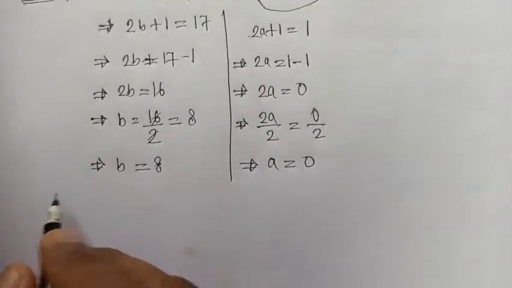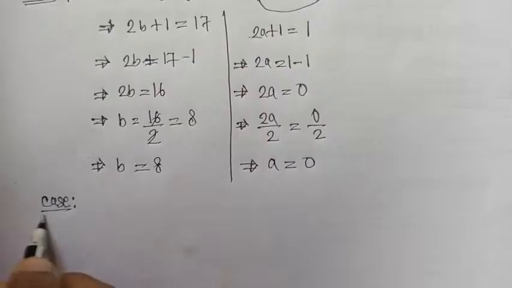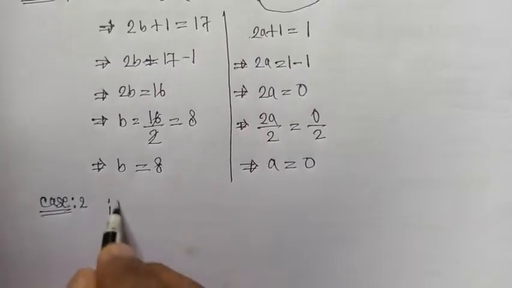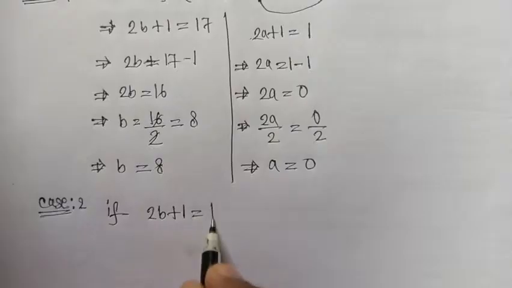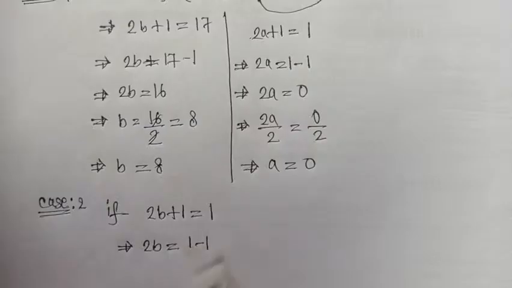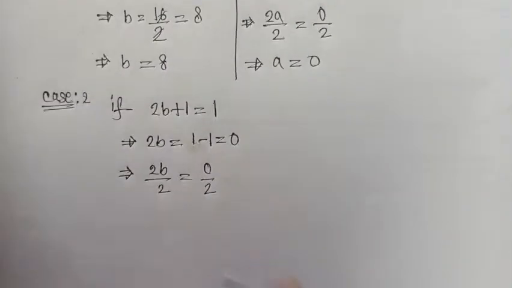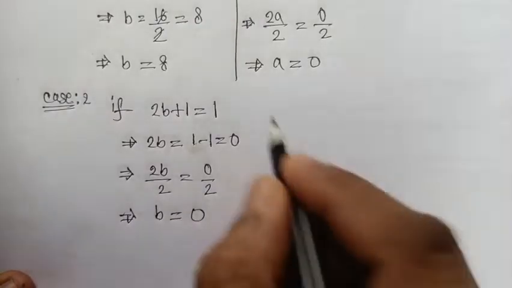For the second case, case 2, if 2b plus 1 is equal to 1, then 2b equals 1 minus 1, that is 0. If we divide by 2 on both sides, then b will be 0.